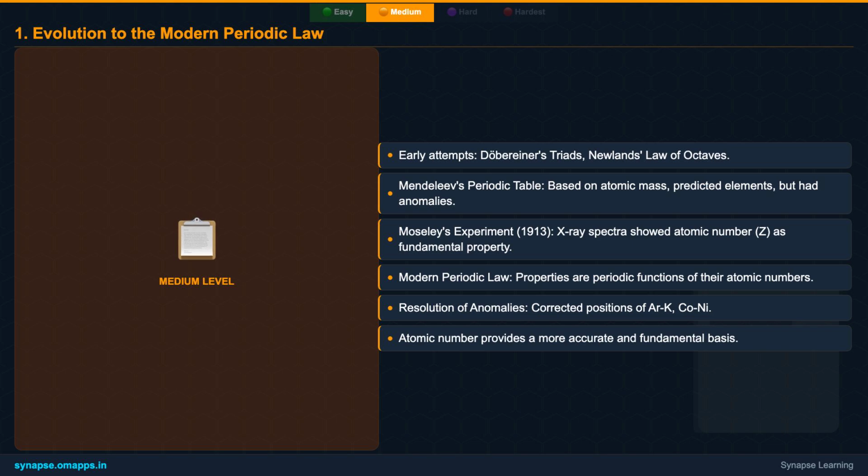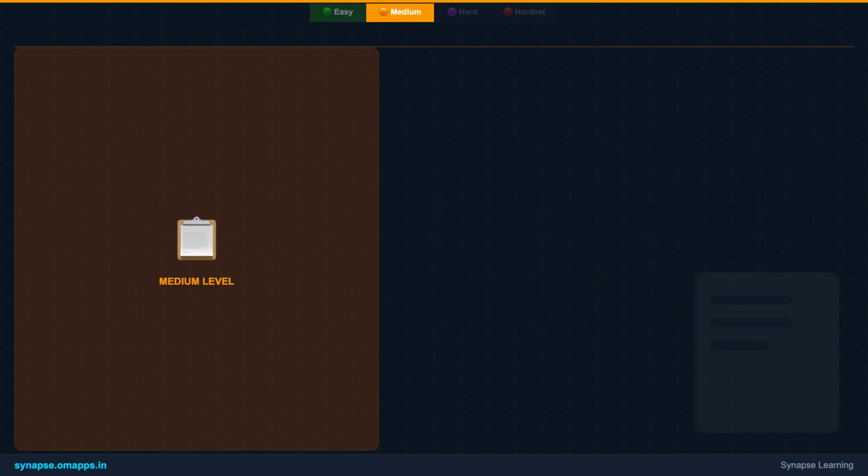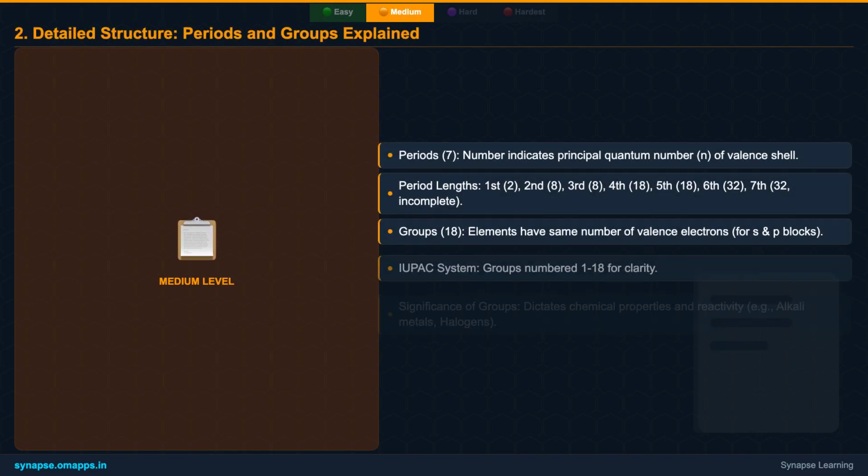However, it was Henry Moseley's work in 1913, studying X-ray spectra, that established atomic number as the true fundamental property. This led to the modern periodic law, resolving anomalies and providing a more accurate framework for element classification.